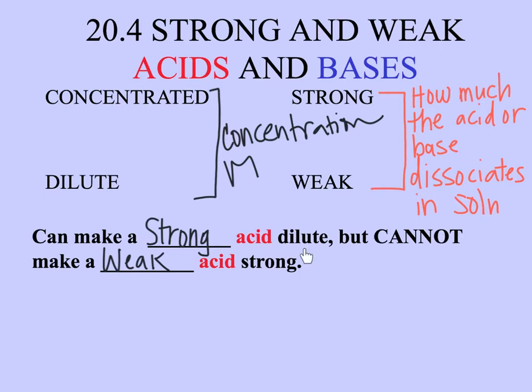You can dilute it, or it can also be very concentrated. But if you have a weak acid, it can never be converted into a strong acid, okay? And vice versa. If you have a strong acid, it's never going to be classified as a weak acid. So they have no relationship to the terms concentrated and dilute. That is all just relating to the concentration of the solution.